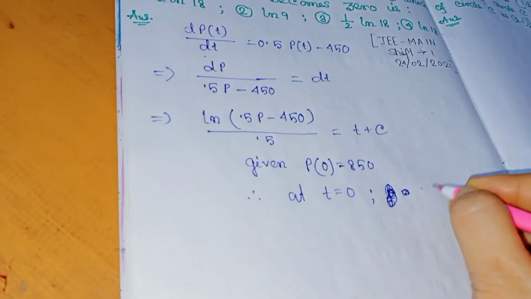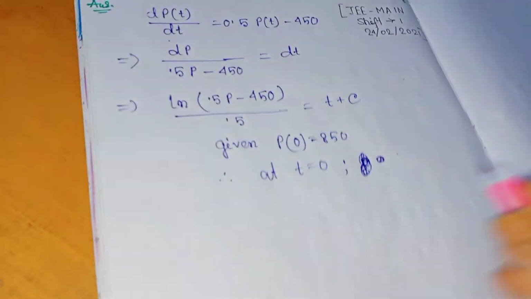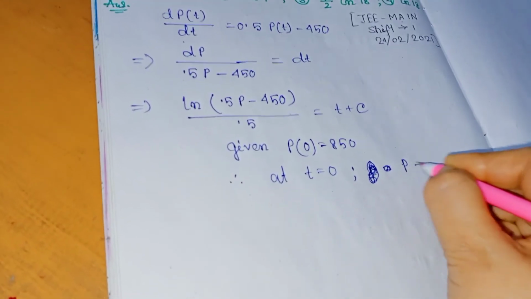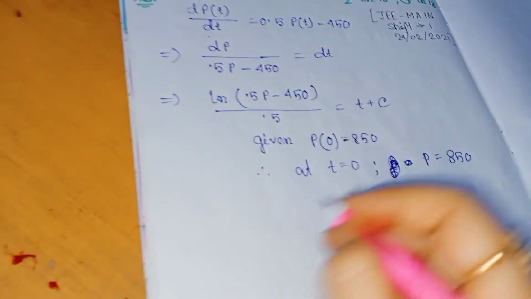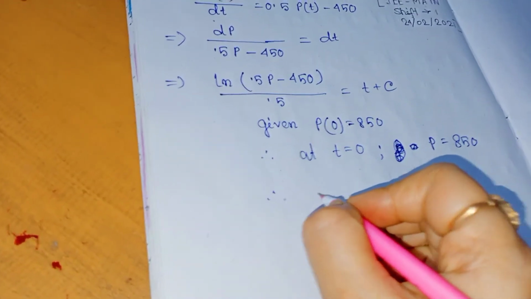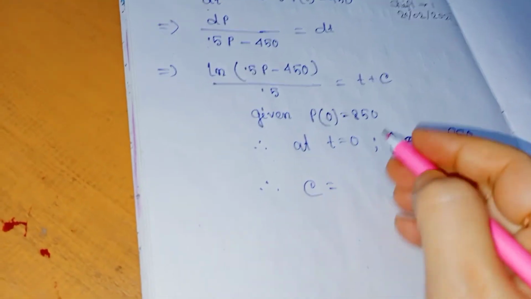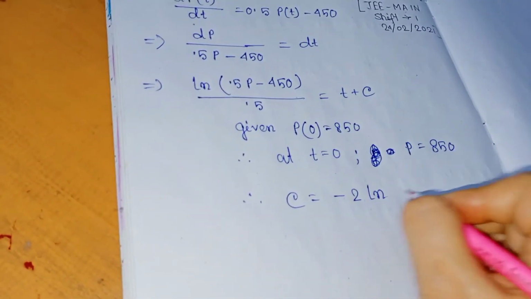Therefore c is equal to, after calculating, we get 2 minus 2 ln 50.